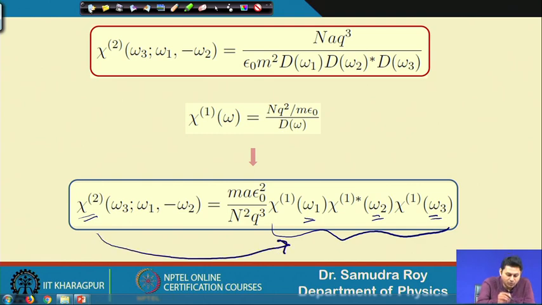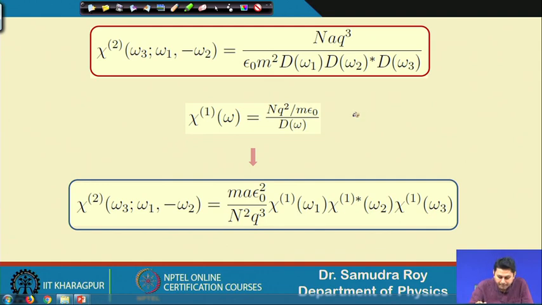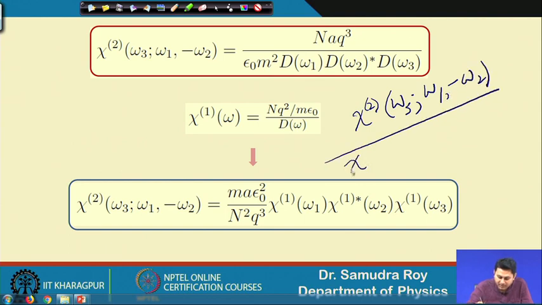Also, one thing to note is that if you make the ratio of the second order susceptibility, for example, I am making a ratio where ω3 is coming as a frequency ω1 and another frequency minus ω2, divided by the first order susceptibilities of first order at different frequencies with a star term here at ω3.